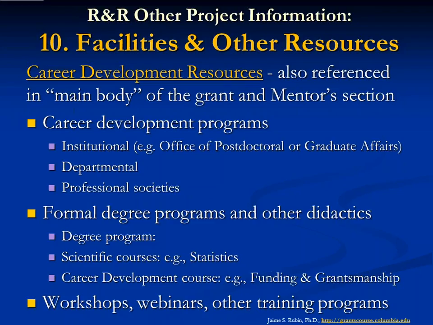You can talk about any courses you're going to take, or workshops, or webinars, and so forth. This webinar would be perfect to describe in any fellowship application. And in this section, you don't have to worry about space too much because there's no page limit.